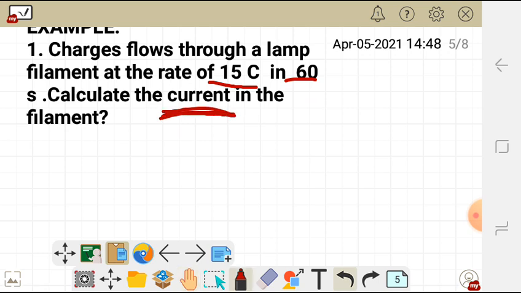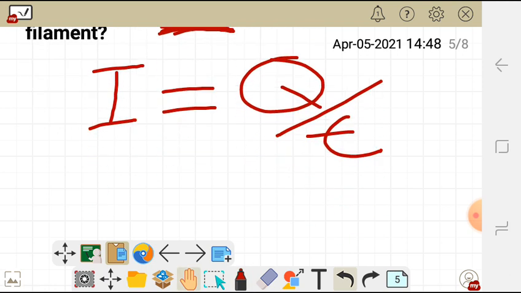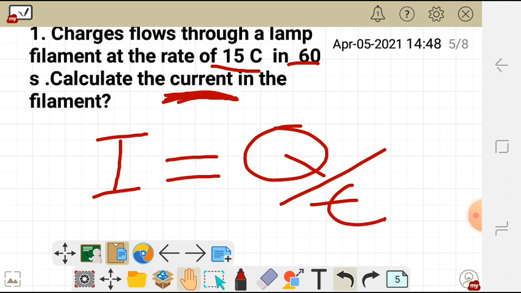They are asking us to find the current when charges of 15 coulombs are passing in 60 seconds. So we write down our formula, which is I equals Q, which is coulombs, over time.